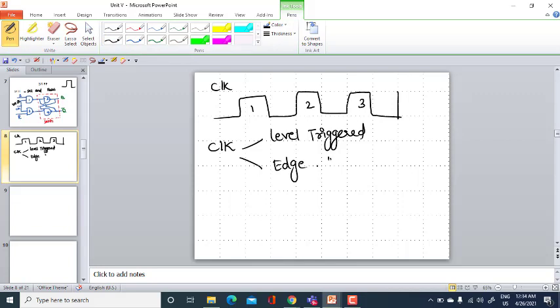Again, each of the two cases, namely level triggered and edge triggered, will be classified as positive level triggered and negative level triggered, whereas edge triggered, positive edge triggered and negative edge triggered. Okay, negative edge triggered, I'll tell you what is that.